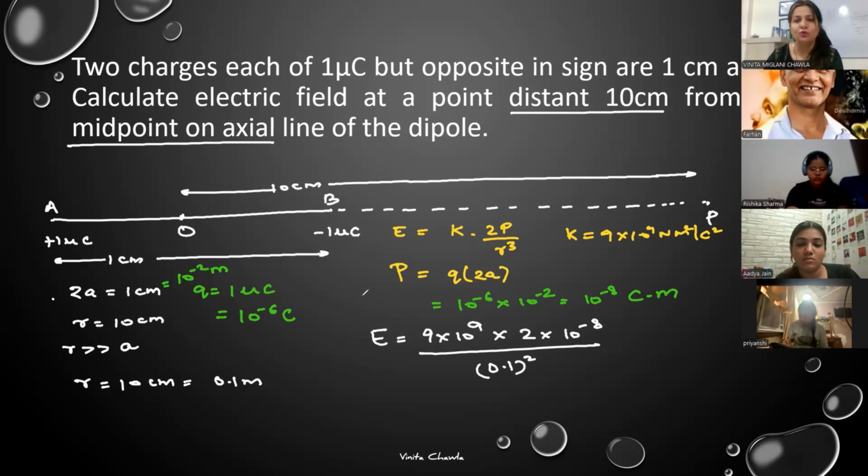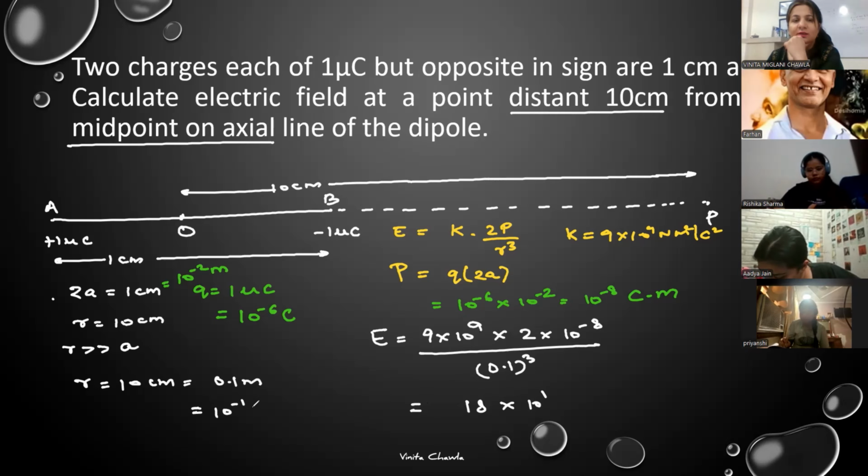It's not r square, right? So r cube. Find the answer. It's 18 into 10 power 1, and this 10 power -1 is below, so 10 power -1 cubed becomes 10 power -3, and going up it becomes 10 power 3, right?